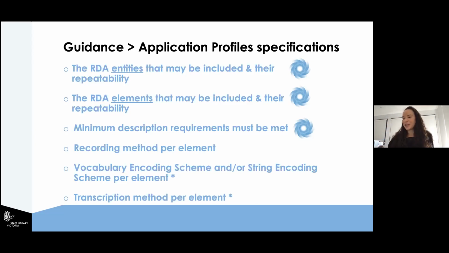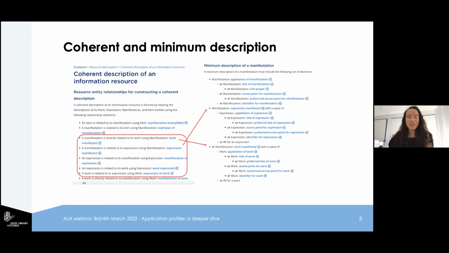I apologize for this busy slide, but one of the important whirlpools is about how an AP has to meet minimum description requirements. So just a little recap on minimum description, and this is in the guidance resource description chapter.